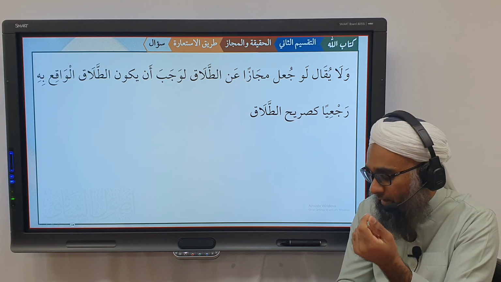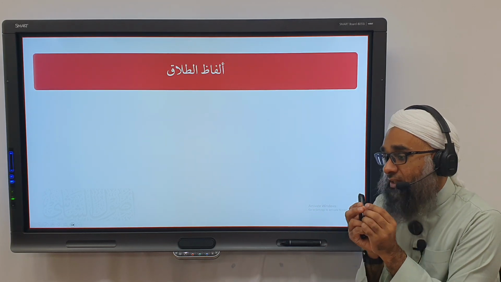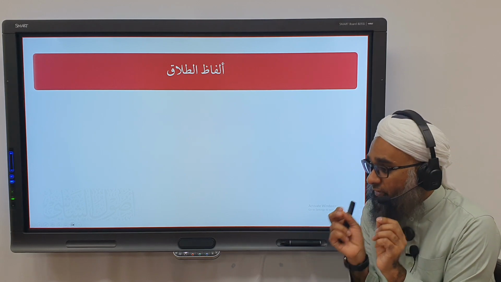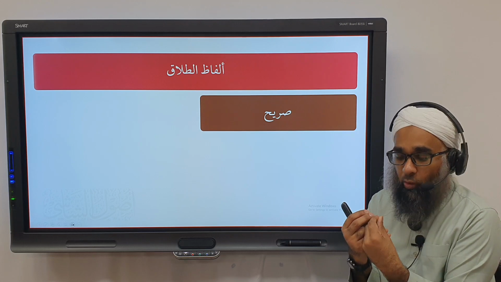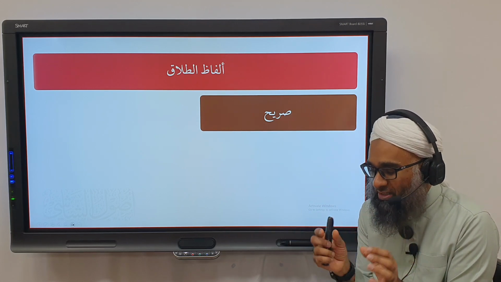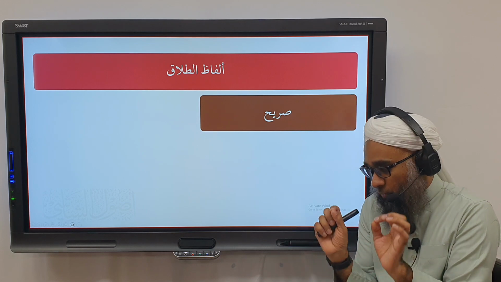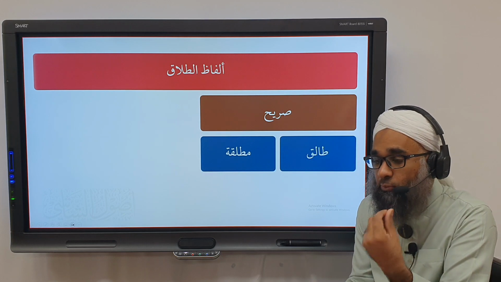So look, the ruling is, you have different words via which you can give talaq. One group of these is called sarih talaq, when you use clear, explicit words to pronounce a talaq. For example, anti tariqun, anti mutallaqa.